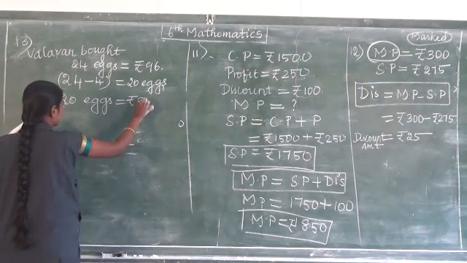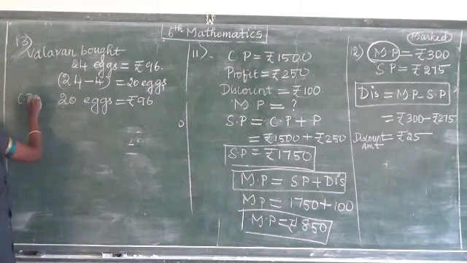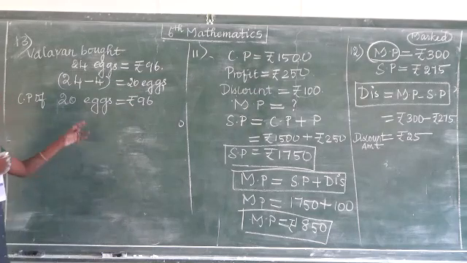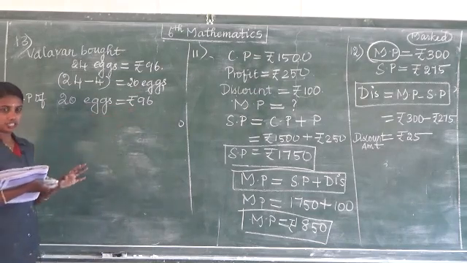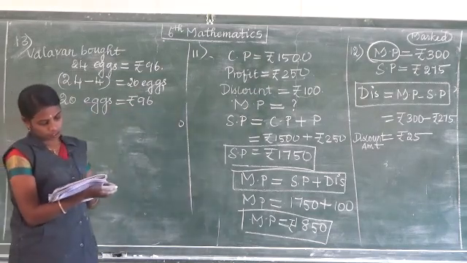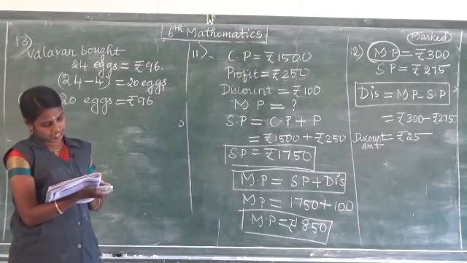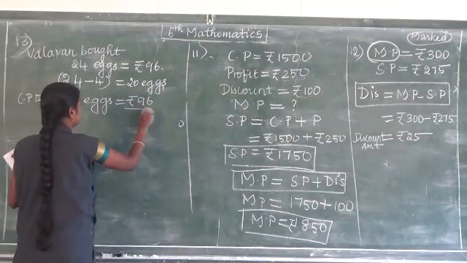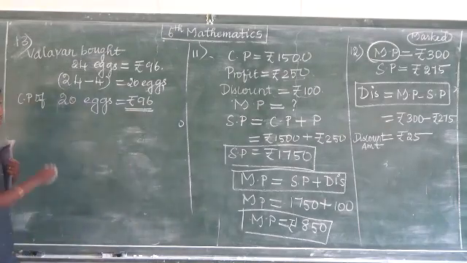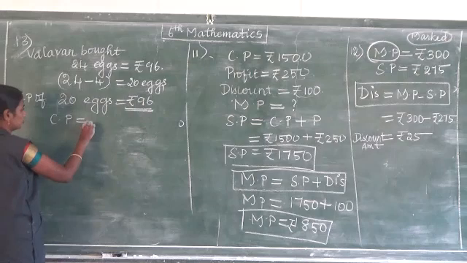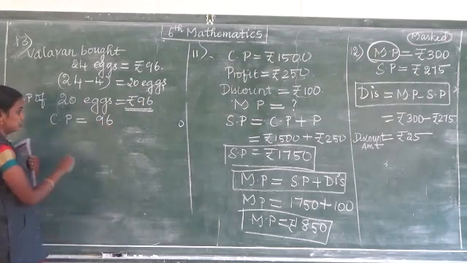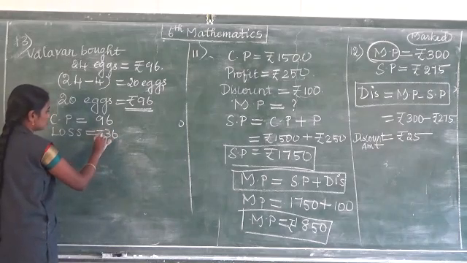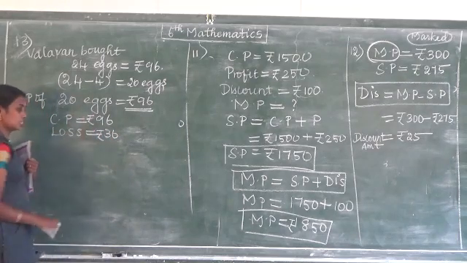So for 20 eggs, rupees 96. That is the cost price only because he bought them. So the cost price of 20 eggs is rupees 96. Listen to me. In that he got a loss of 36 rupees. In the amount of the cost price of 96, he got a loss of 36 rupees.